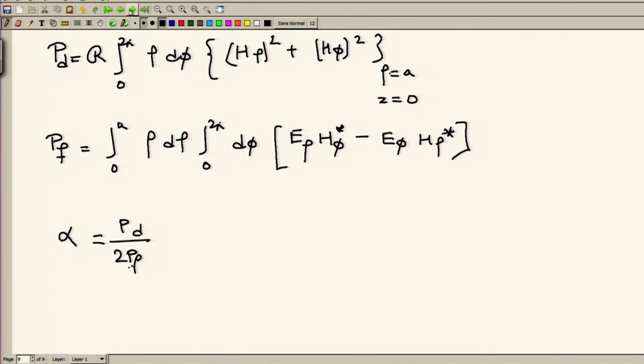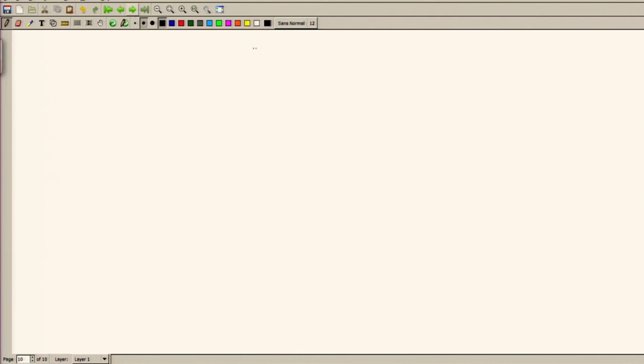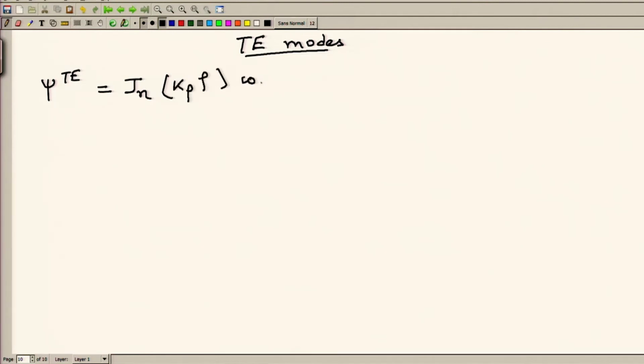So, next for the TE modes. For TE modes, we have psi of TE as J n k rho cos of n phi e to the power minus j k z z.